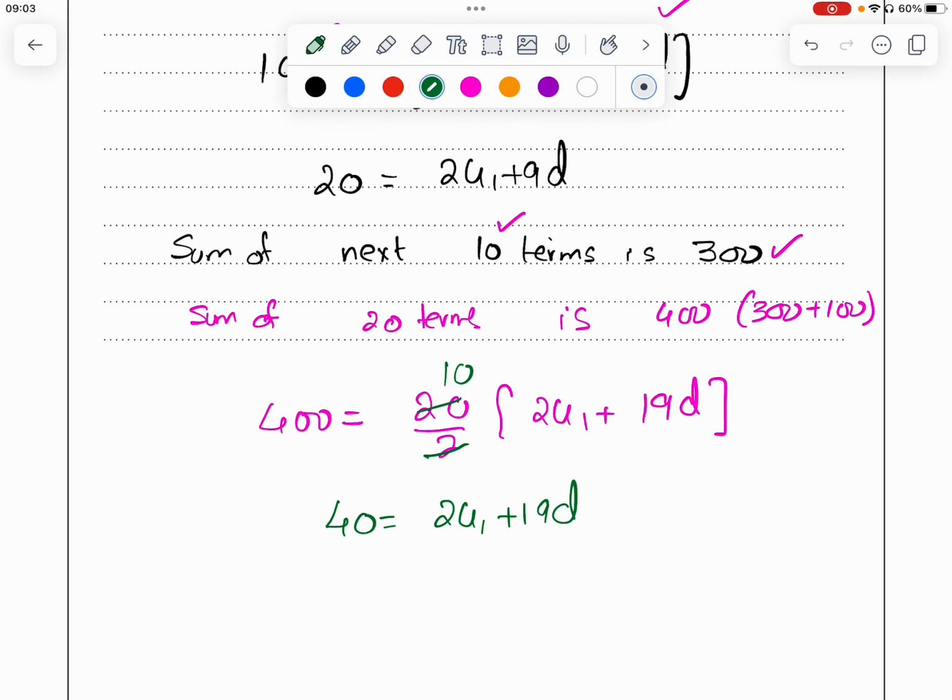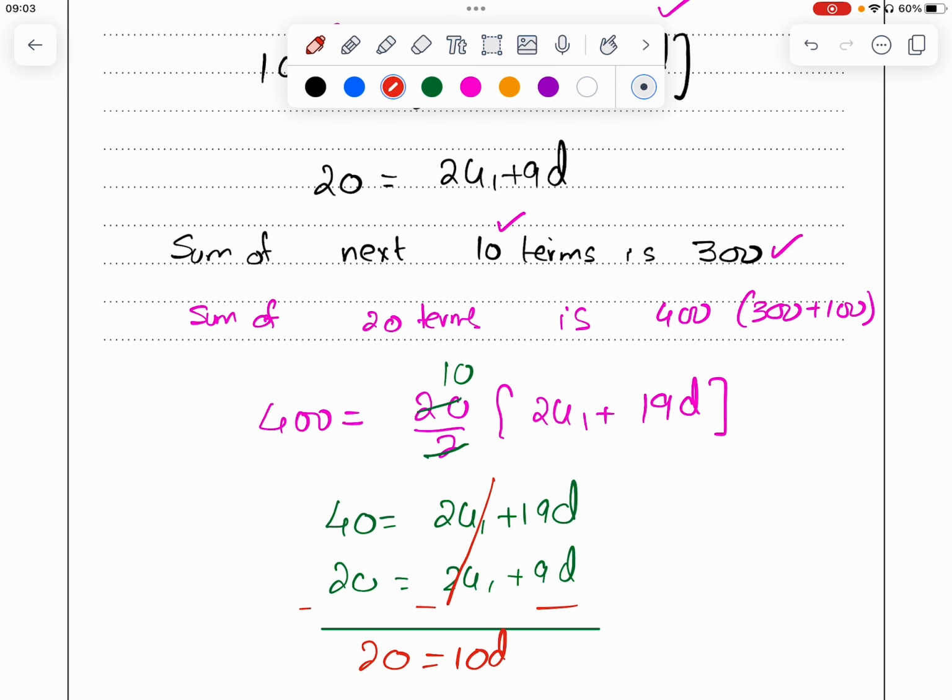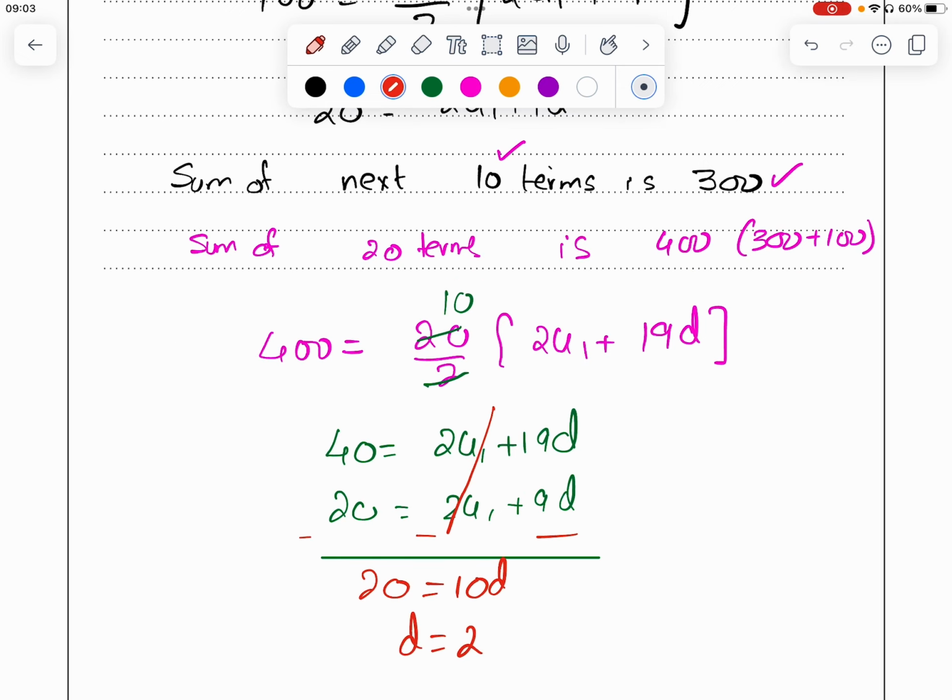What was the other equation? 20 equals 2u1 plus 9d. Subtract it out: 20 equals 10d. So d equals 2. Plug in d equals 2: 20 equals 2u1 plus 18. So 2u1 equals 2, so u1 equals 1.